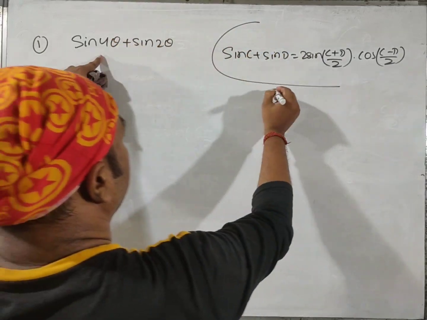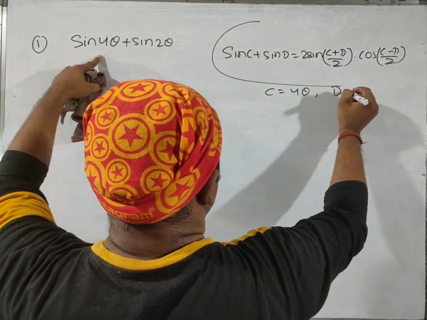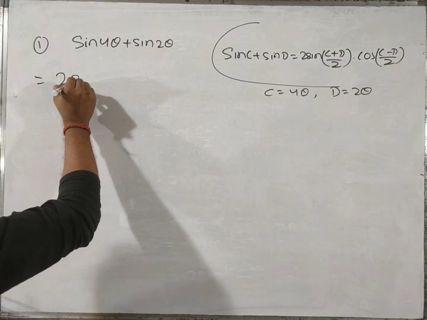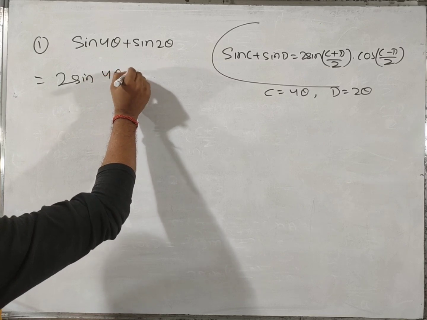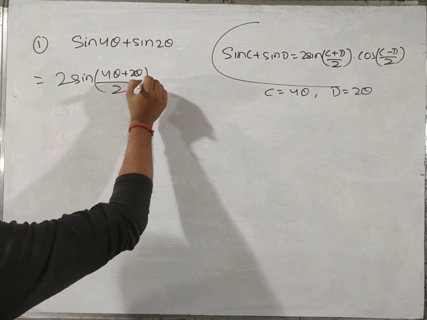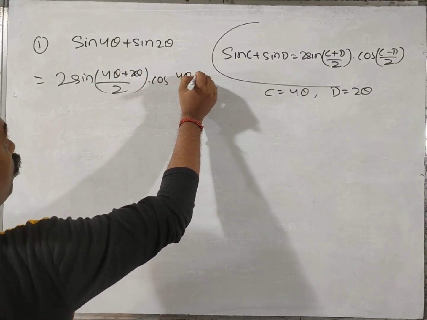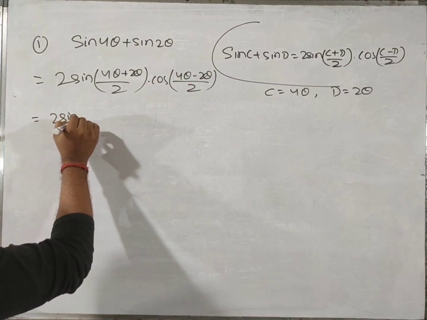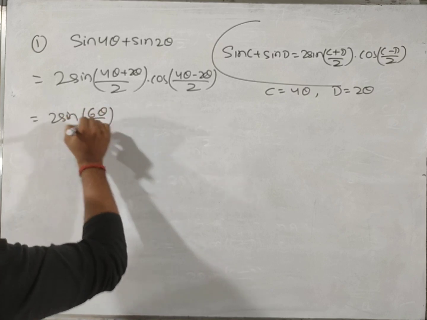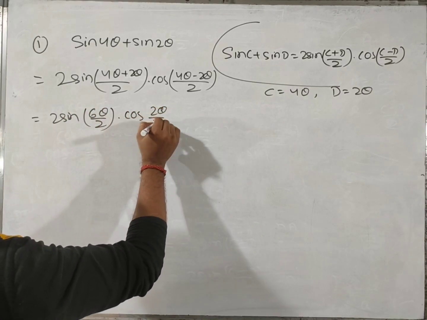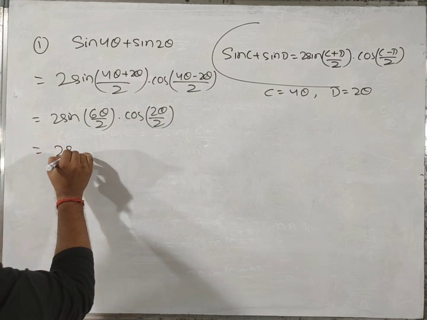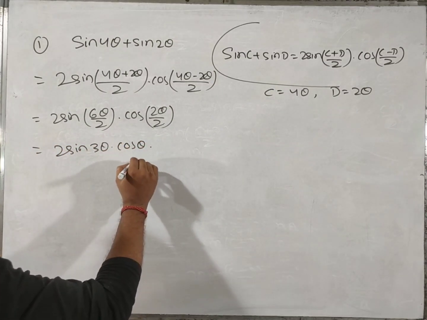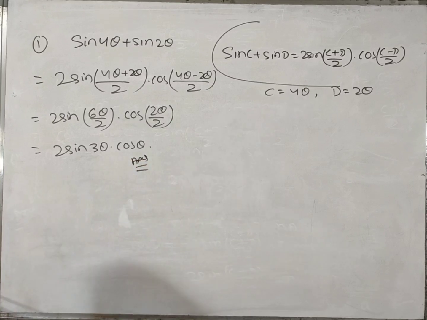In place of C, it is 4 theta; in place of D, it is 2 theta. So 2 sin((4 theta plus 2 theta)/2) into cos((4 theta minus 2 theta)/2), which is 2 sin(6 theta/2) into cos(2 theta/2). It is 2 sin 3 theta into cos theta, and here it is the answer for the given problem.